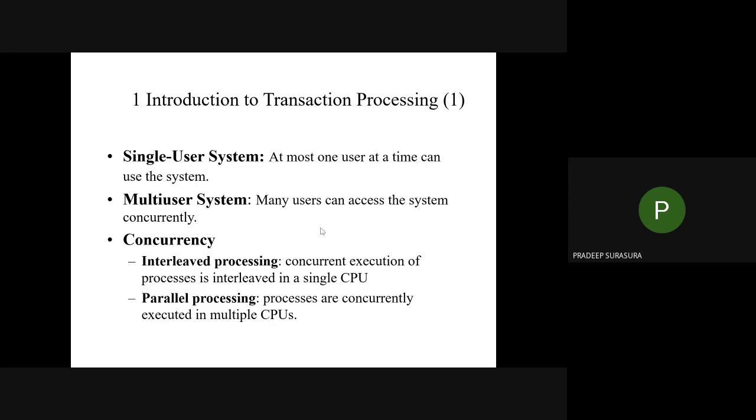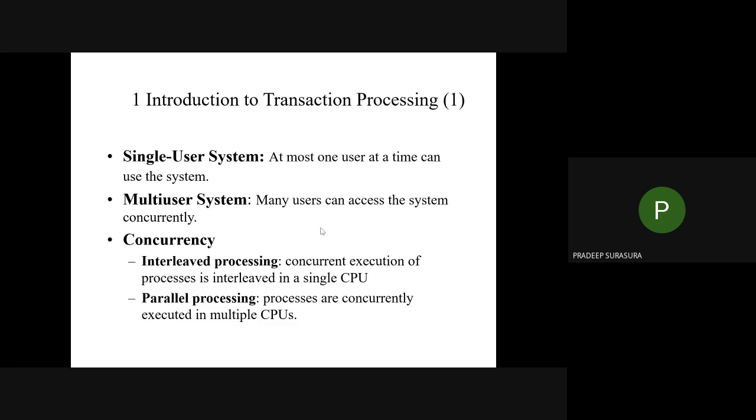So by bringing concurrency into the transaction system, we observe that performance will rise. The main intention is that the user's waiting time has to be reduced. In order to reduce the waiting time of the user, we bring in concurrency to boost the performance of your application.